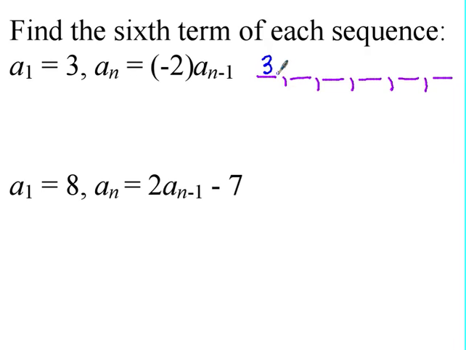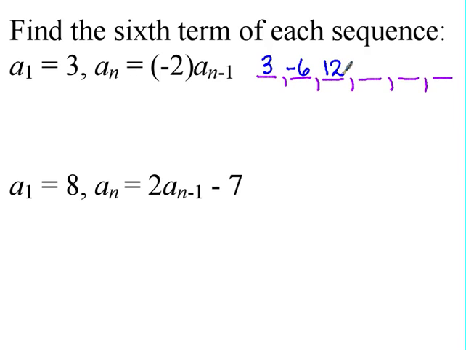Now, what that says is if I want to find the second term, I'm going to take negative 2 times what? 3, the first term. So negative 2 times 3, which is what? Negative 6. If I want to find the third term, I'm going to take negative 2 times the second term, which is negative 6, so I get 12.